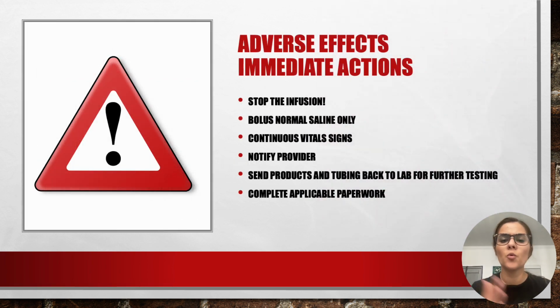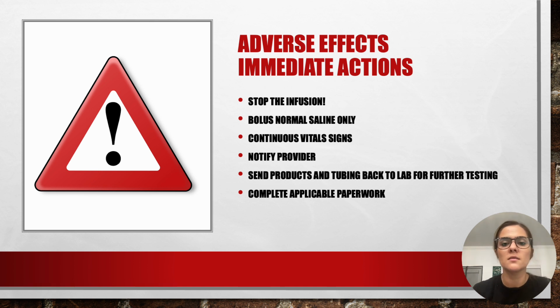What do you do if this starts to happen? The very first step, and it will always be the first step, is stopping that infusion where it's at. That's what is likely causing this reaction. That is what we want to stop from further insult. So that normal saline that you hung, you'll bolus them right away to get that system flushed as much as possible of that blood that could be causing this reaction.